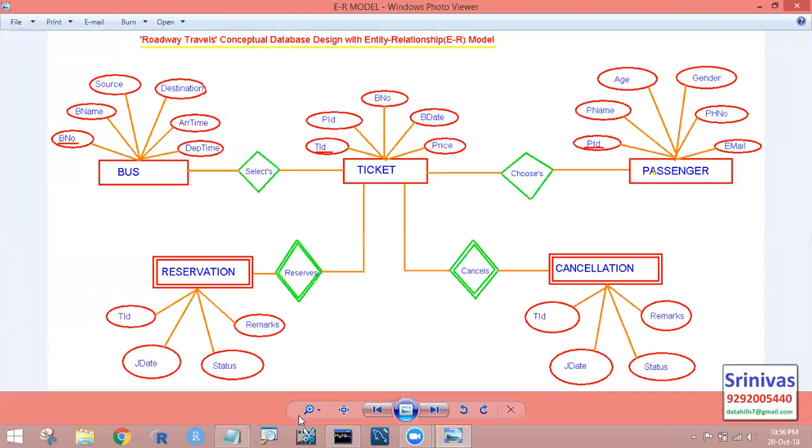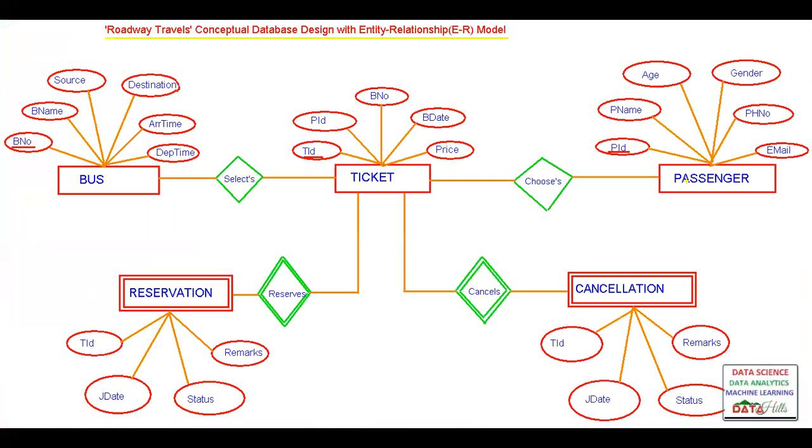This is the entity relationship model for the roadway travels database. We know that for creating an entity we have to use a rectangle. For columns we have to use an oval. For a relationship we have to use a diamond.